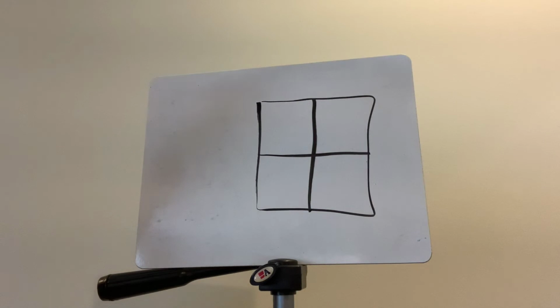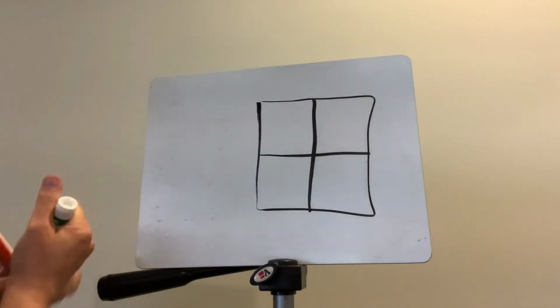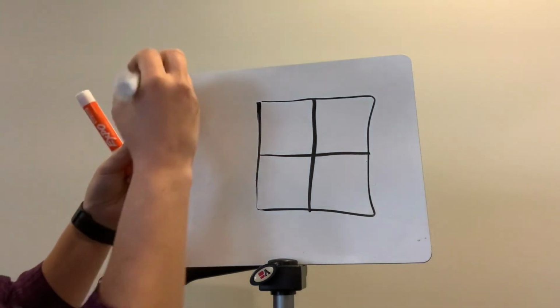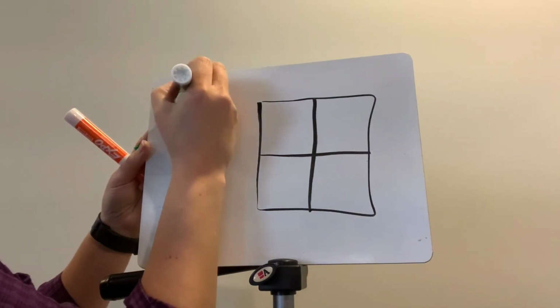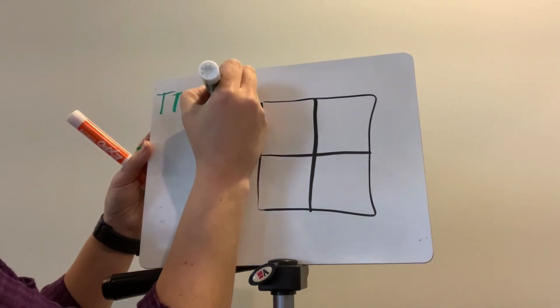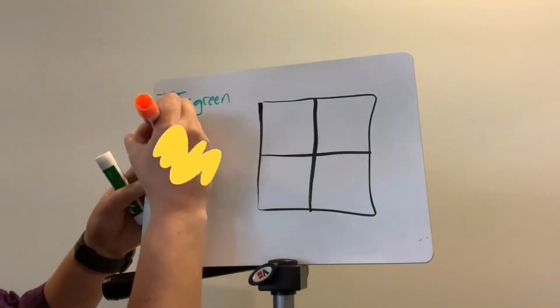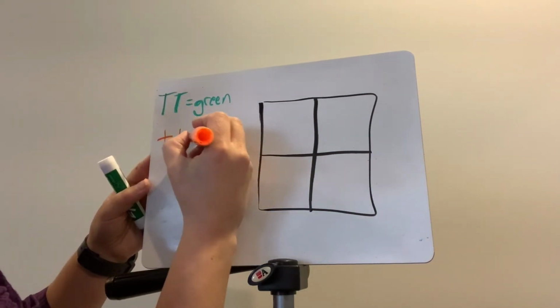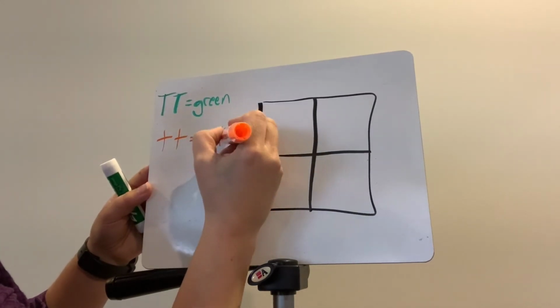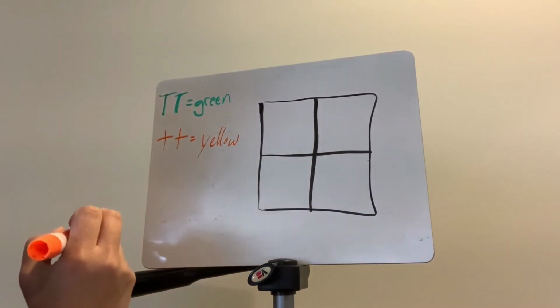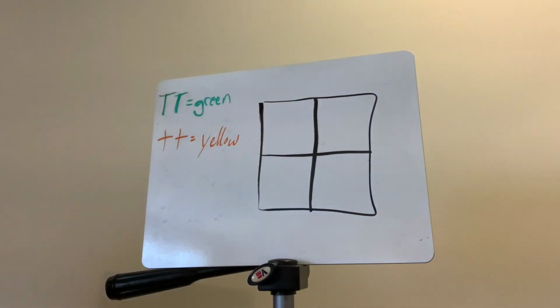So again, we are looking at a homozygous green, which we've already determined would be a capital G, green. And our homozygous yellow pea plant, which we've determined is yellow. And it's lowercase letters because it represents the recessive trait.